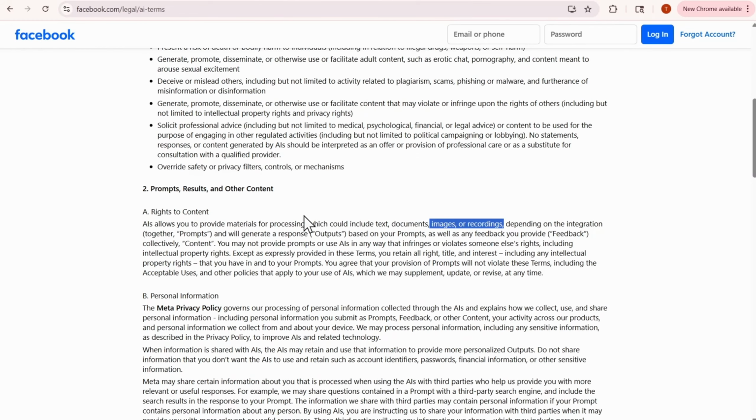Depending on the integration, it will generate a response output based on your prompts, as well as any feedback you provide. Now, this is really important, and I'll tell you why this is important and often gets scrutinized by privacy lawyers. Generally, whenever feedback is being provided, it's an open text box, which means that organizations can anticipate what type of information might be put into feedback, like, oh, I like the product, or oh, I don't like the product.